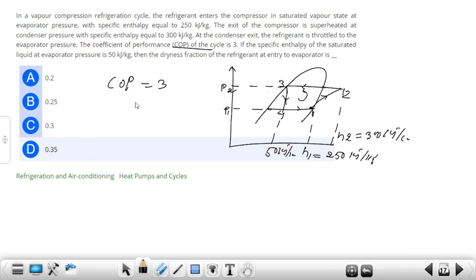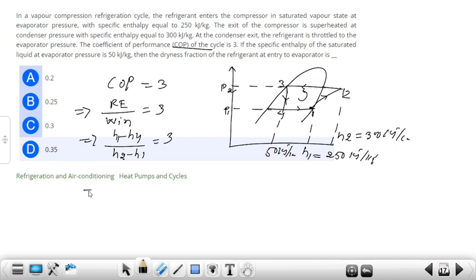So given COP is 3, and the COP we know is refrigeration effect divided by work input equal to 3. The refrigeration effect, in the evaporator, is equal to H1 minus H4, and the work input is the compressor work, which is equal to H2 minus H1.